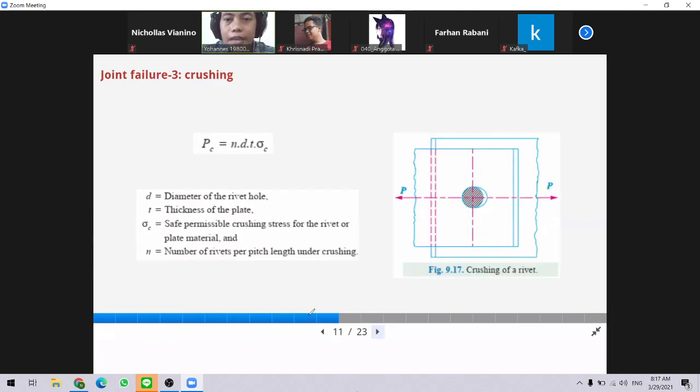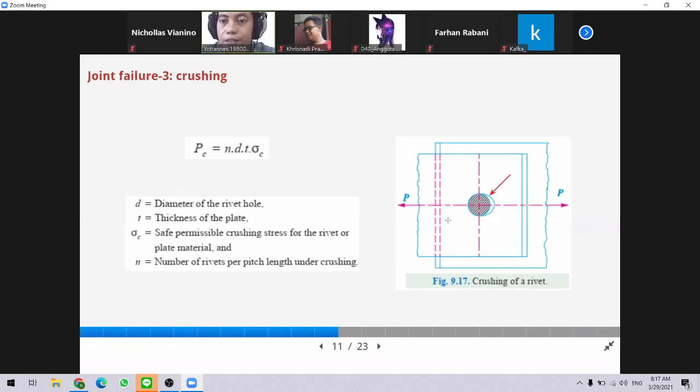Okay, so next, another joint failure, that is crushing or bearing load or bearing stress. So please observe the shape of the hole on the plate. Okay.